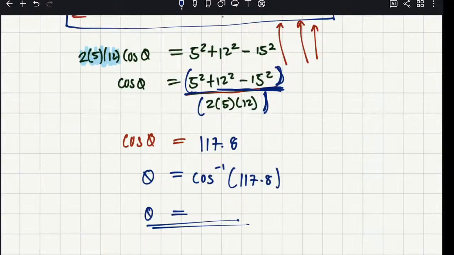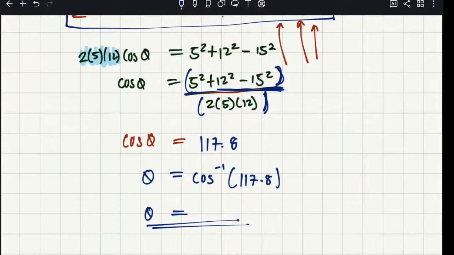What did you get? Really? What answer did you get? Okay, cos theta should not be above 1 or something like that.